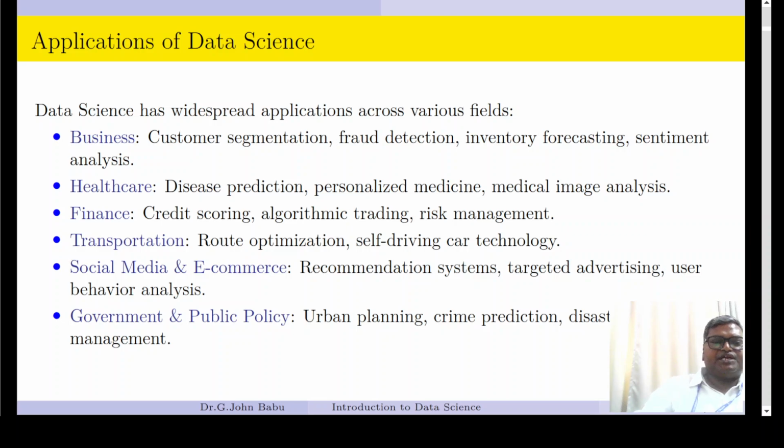Then coming to transportation, if you have the data, you can optimize the route and the fuel, and self-driving cars. A self-driving car requires an enormous amount of data. It should be able to identify every object that comes in its way.